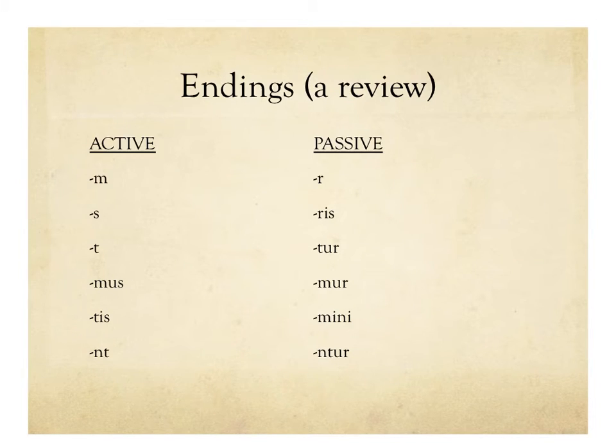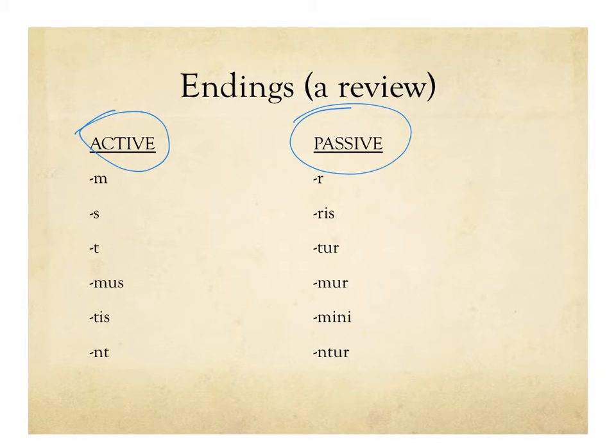Now, one thing that I want to review before we look at how we form the present, the imperfect, the perfect, and the pluperfect subjunctives is the endings that we use for really pretty much any verb. And you can see these endings here both in the active and the passive: m, s, t, mus, tis, nt for the active, r, ris, tur, mur, mini, ntur for the passive.